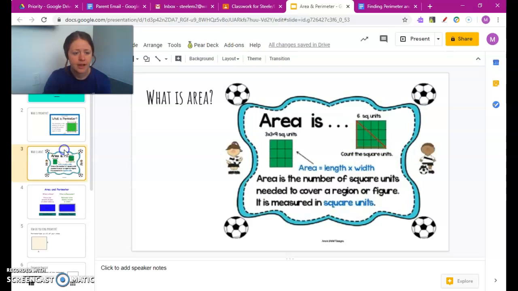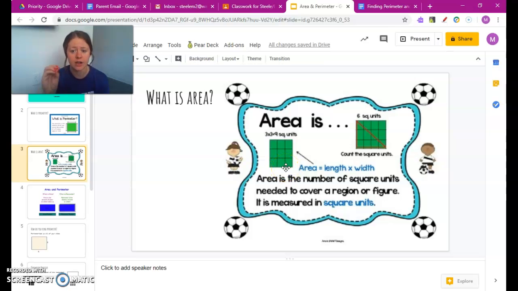Next is area. Area is the number of square units needed to cover a region or figure, and it is measured in square units. For this example, it's measured in square units. Sometimes it's measured in feet, inches, yards, centimeters, whatever it gives you, but this one is square units. Area, if you remember, is anything that is shaded in. So it's your shaded region.